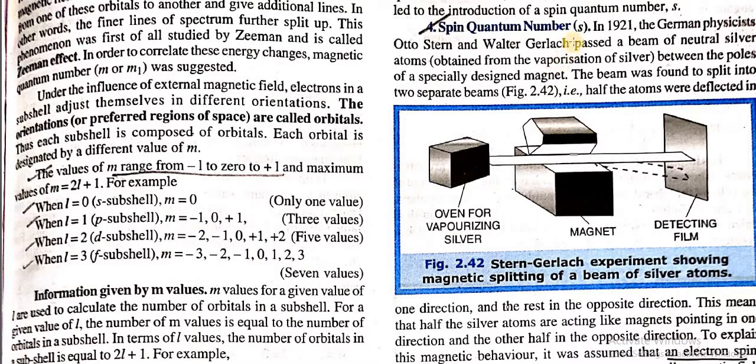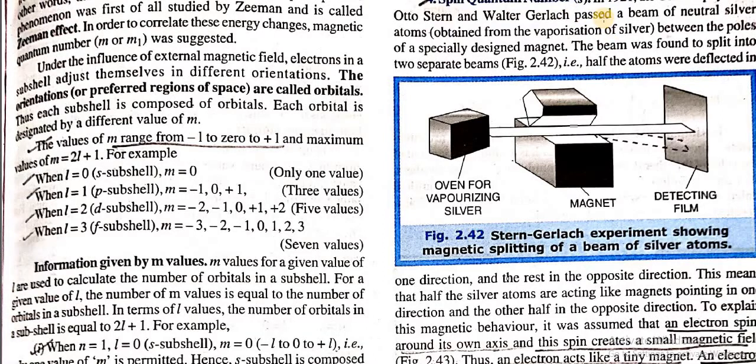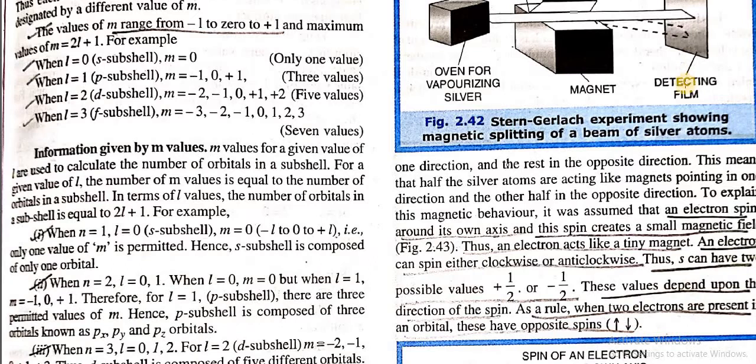Now we are left with the last quantum number, the spin quantum number, denoted by small s. To explain magnetic behavior, it was assumed that an electron spins around its own axis, and this spin creates a small magnetic field.